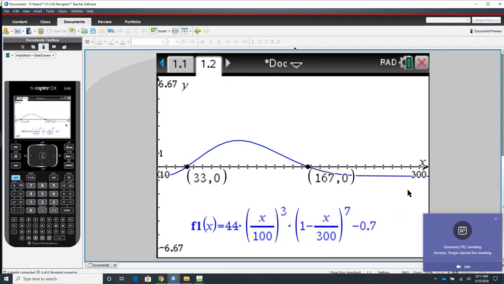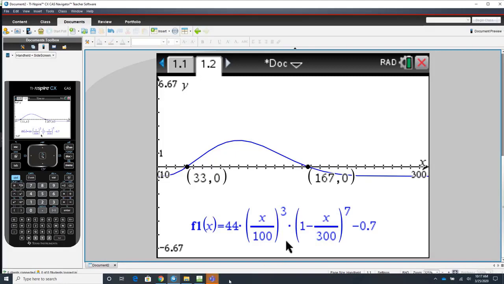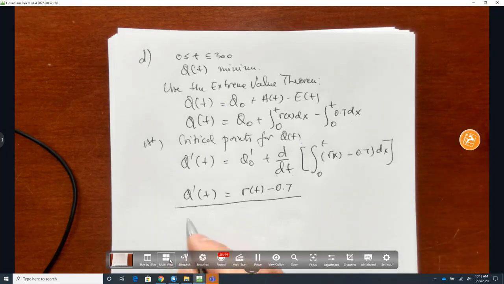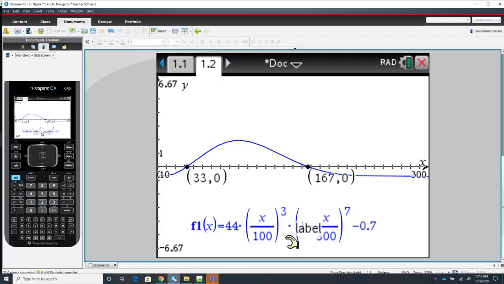There are 2 points, as you can see, 33 and second 167, where q prime of t is 0. So these are our critical values. Now, because these are the critical values, I need actually to write right here the critical values. So I have t1 is 33 seconds, and t2 is 167 seconds.